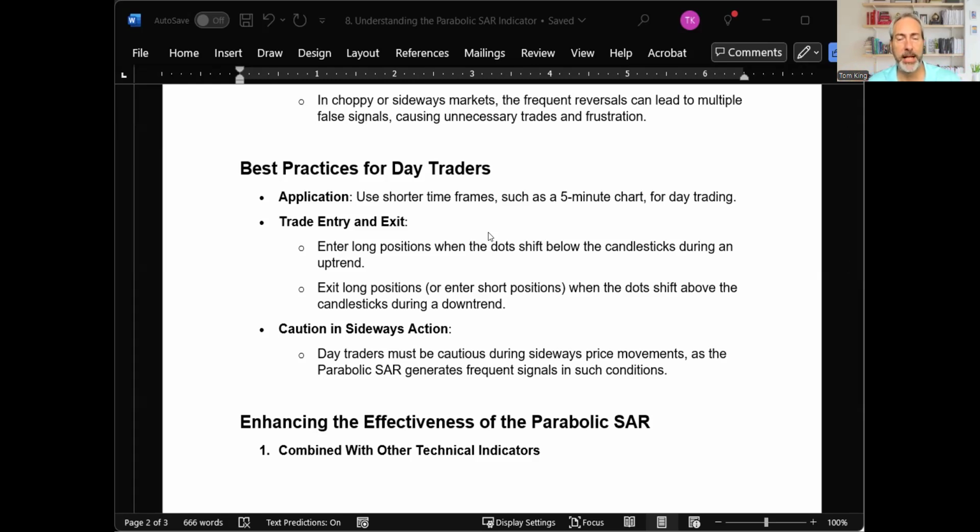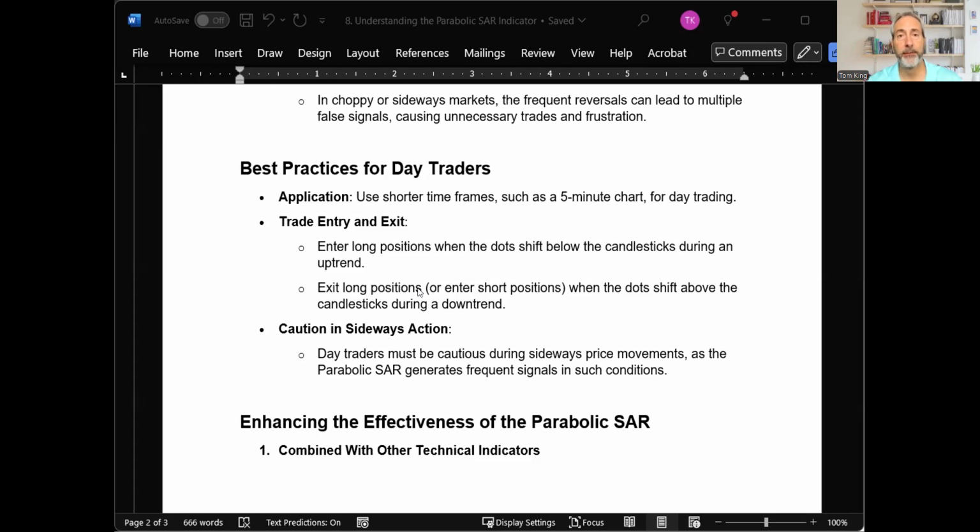If the longer term time frame is up but the shorter term is down, it might be great for a strangle. It is not good for a directional move necessarily because you're just kind of fighting inside of that. You want them to be synced together. But the PSAR can give you some ideas of when.